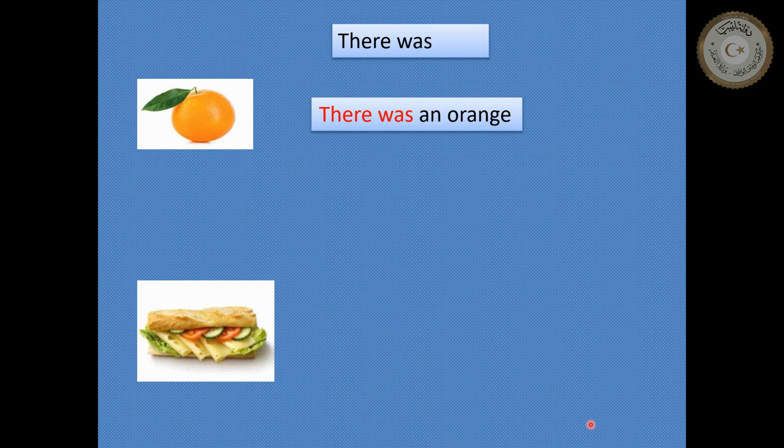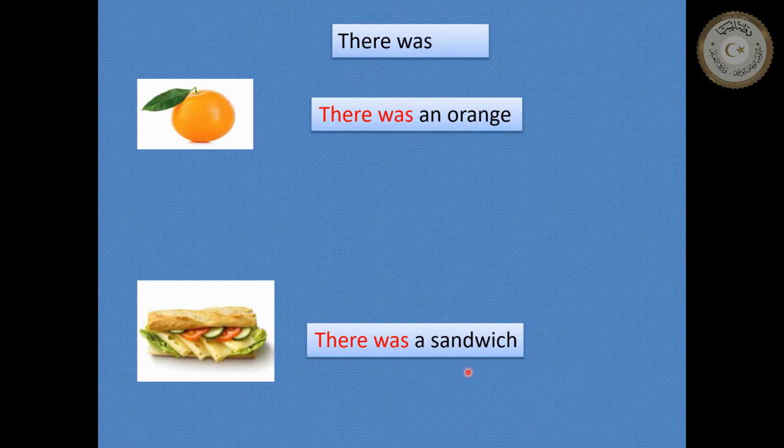There was a sandwich. So, there was, we use it with what? How many here? 1 and 1. So, there was, we use it with 1. If we have 1 apple, there was an apple. If there is 1 orange, there was an orange. If there is 1 sandwich, there was a sandwich. Okay.